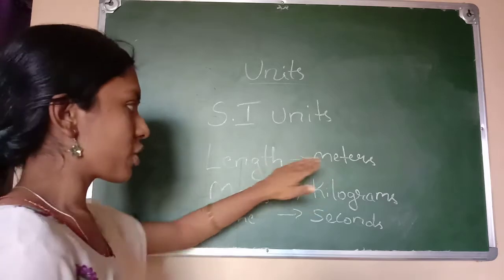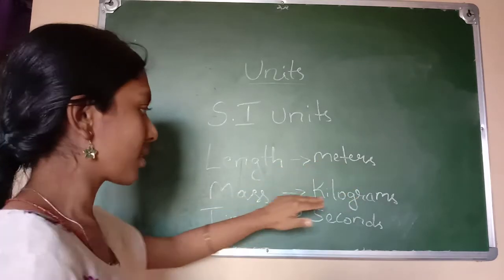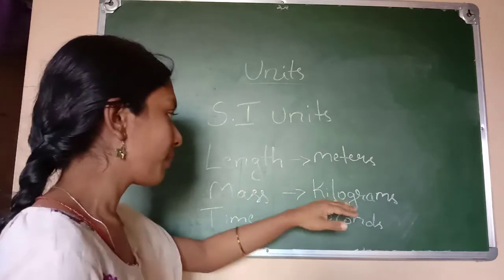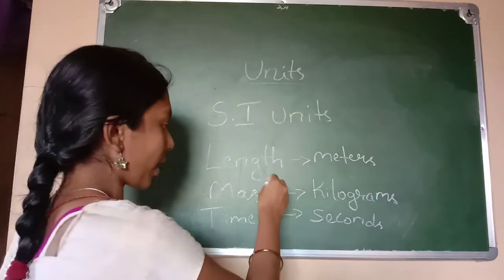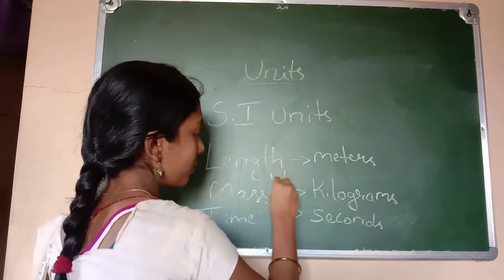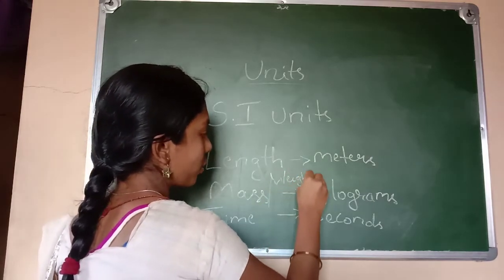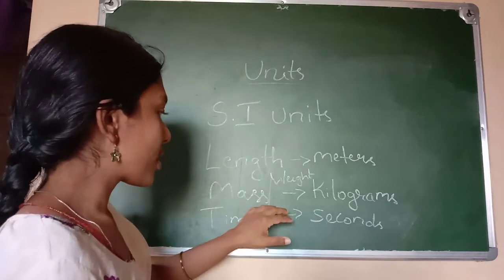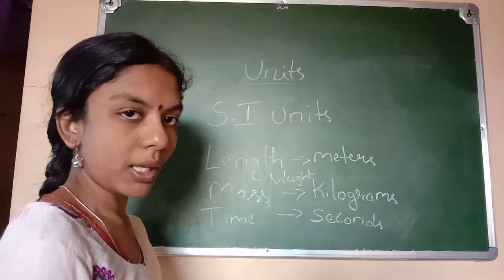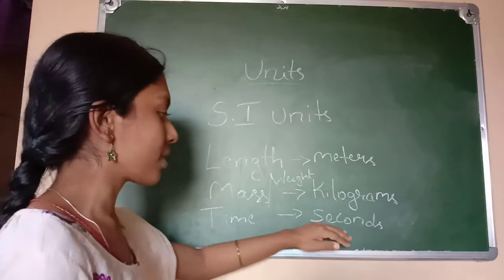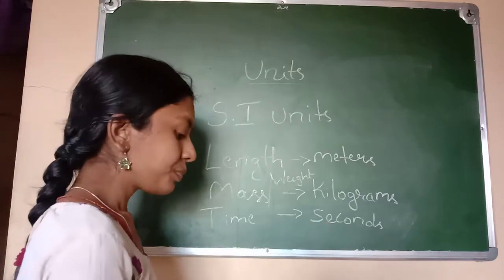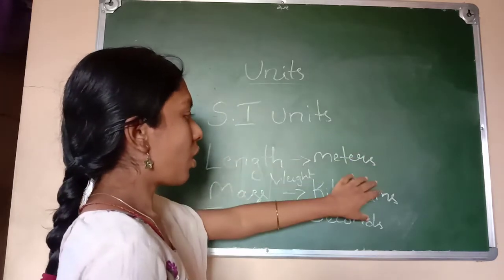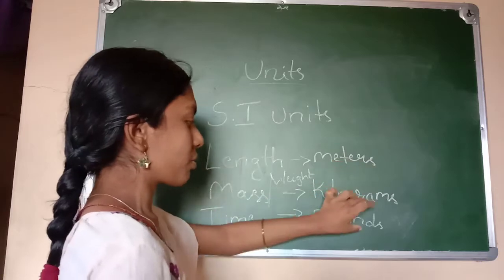So length is measured in meters, mass in kilograms. Mass you can also say weight. For now you can consider both. I know the definitions of mass and weight are different, but the unit of measurement for both would be kilograms, and for time it is usually seconds. These are the names of the units we measure.